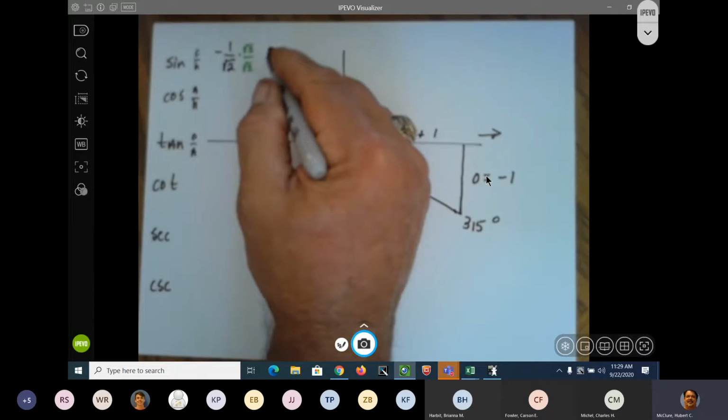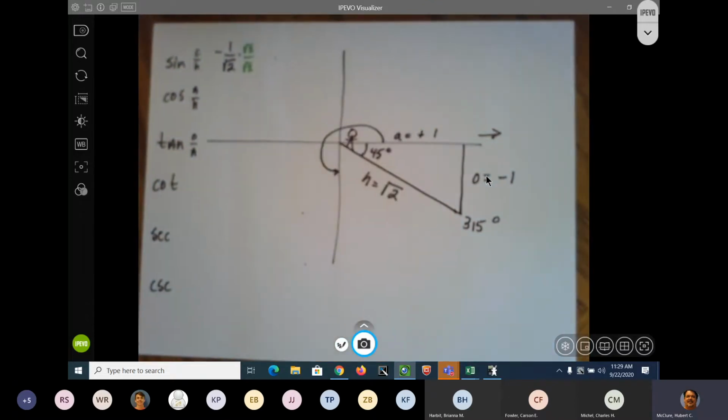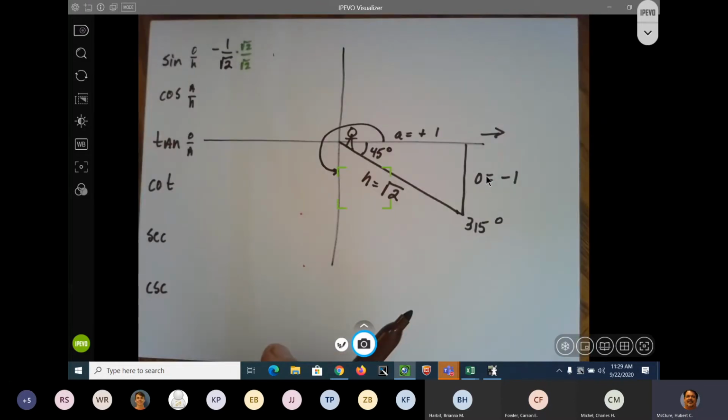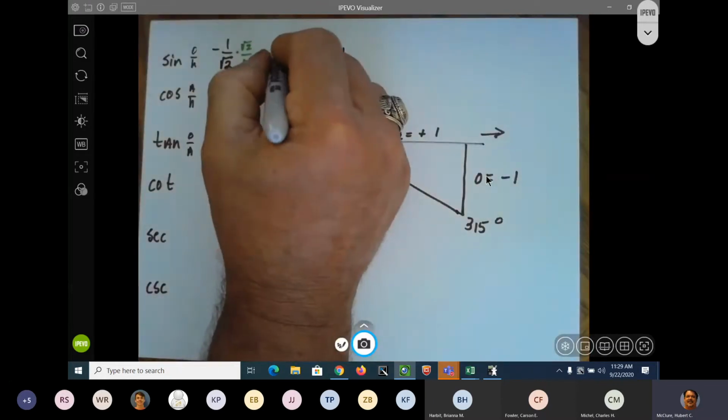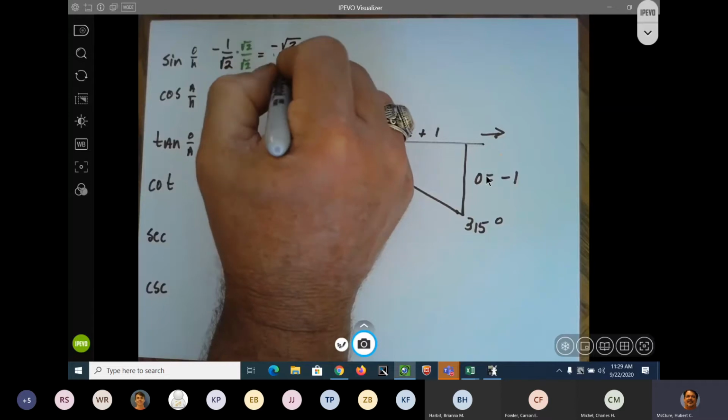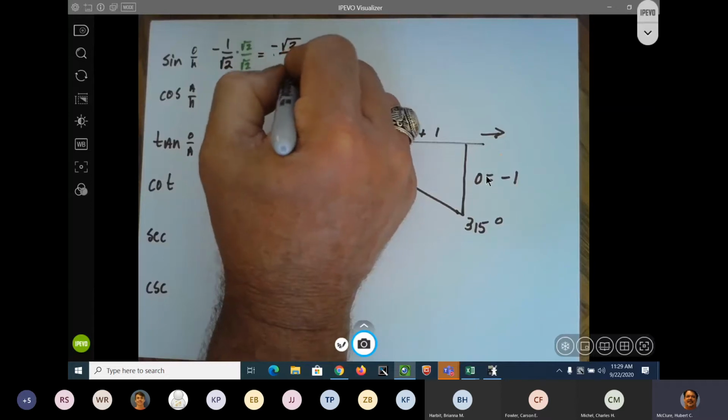Why isn't it focusing? What's up with that focus? There. And that's going to equal negative square root of 2 over square root of 4, which is 2.